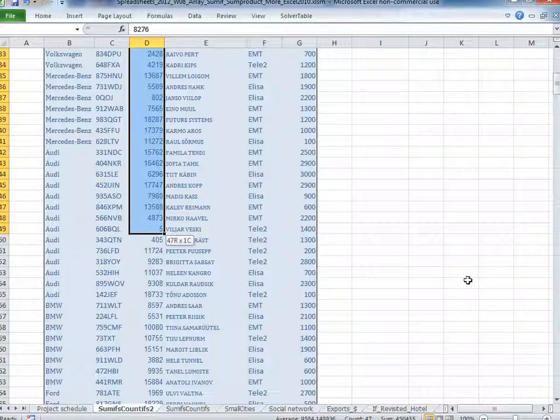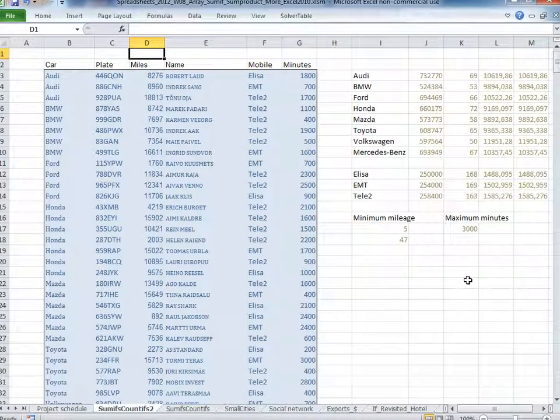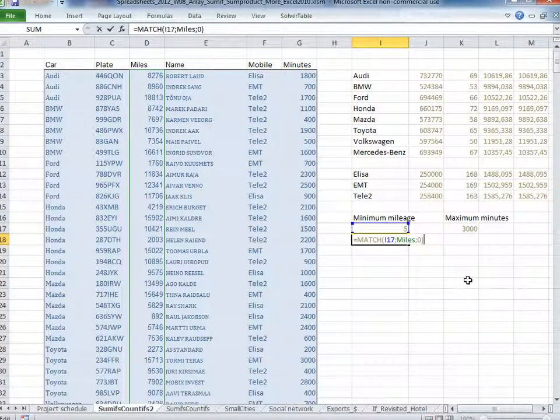Let's see if this is going to come up, because now that we have MATCH telling us that it's the 47th row on which the answer is, we're going to put an INDEX around it. Remember that INDEX was an exact opposite function of MATCH. With MATCH it told us that 5 is on row 47. With INDEX we know already the 47th row, and we want to know in name block who is the person on the 47th row.